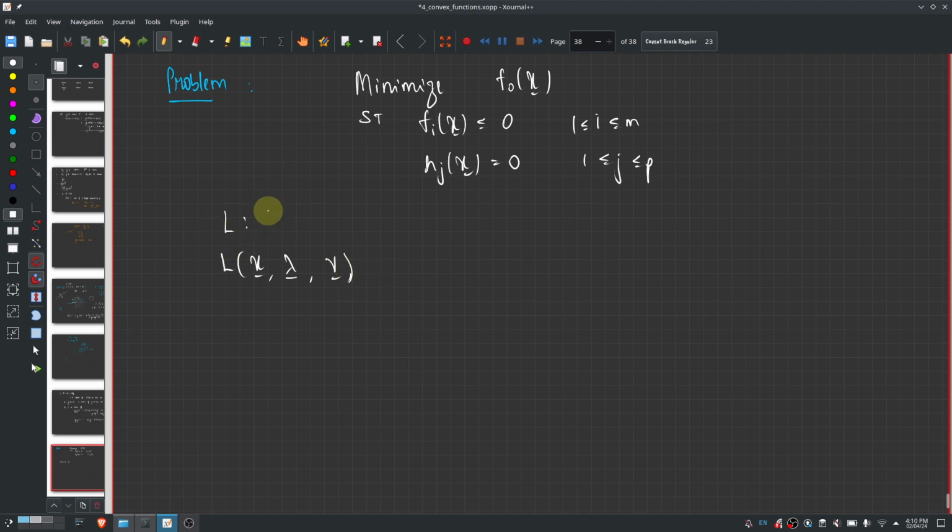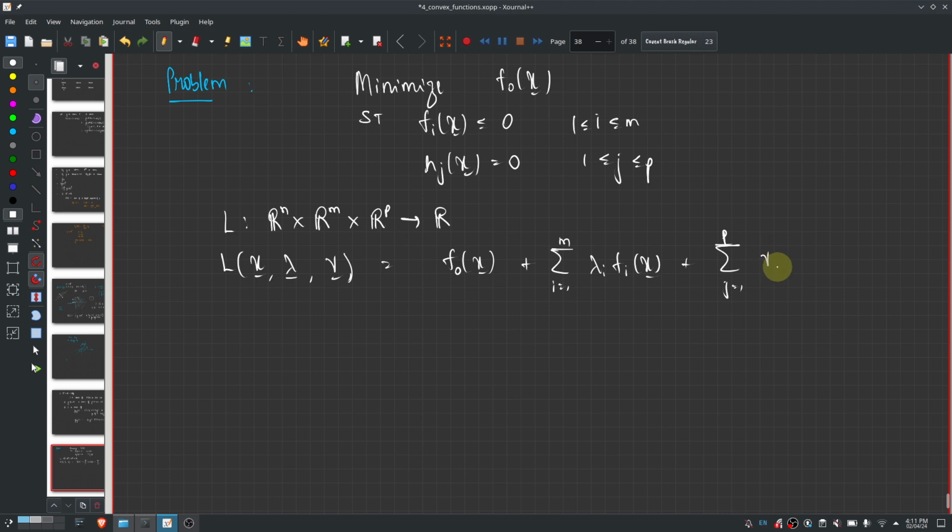So L is from R^n cross R^m cross R^p to R, and this is defined as f0 of x plus a linear combination of the fi's and hj's: the summation i equal to 1 to m of lambda_i fi of x plus the summation j equal to 1 to p of nu_j hj of x.